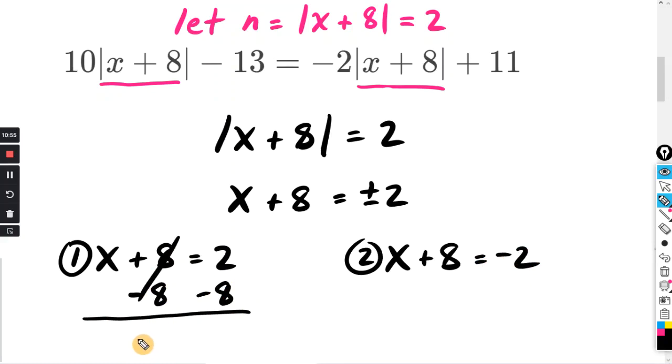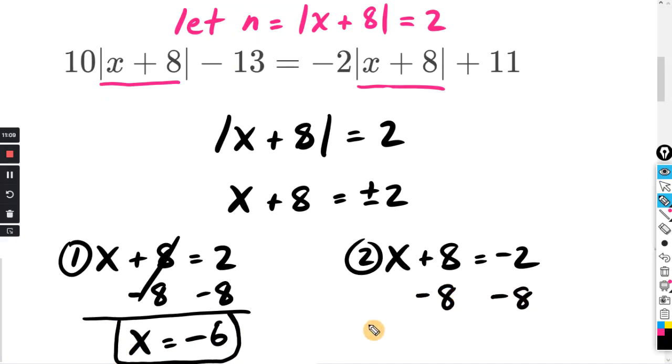Cancels here. 2 minus 8 is negative 6. All right, and here minus 8 on both sides again. Cancels here. Bring down the x. Negative 2 minus 8 is negative 10.